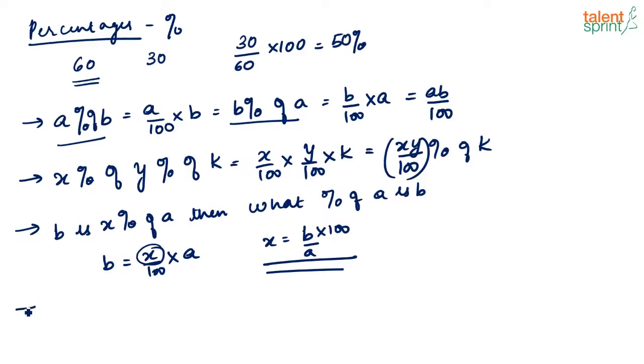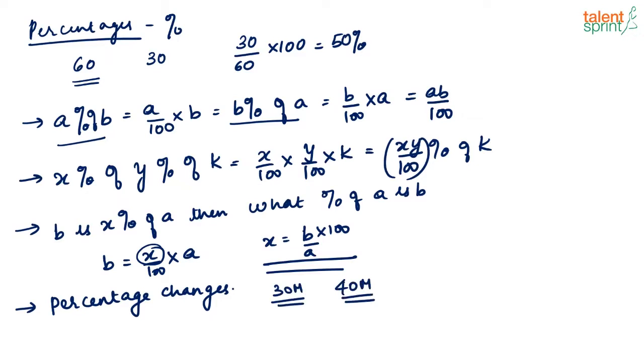The next important thing that you should know is how to calculate percentage changes. Let us say I am writing an examination. In the first attempt I am getting 30 marks, in the next attempt I am getting 40 marks. So what is the percentage change in my marks? How do you solve it?